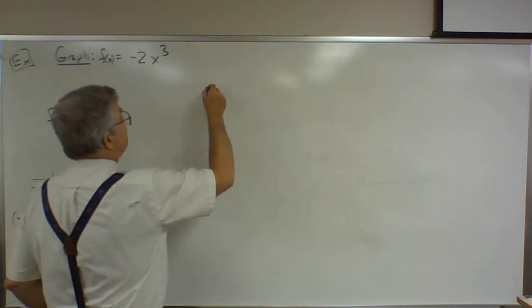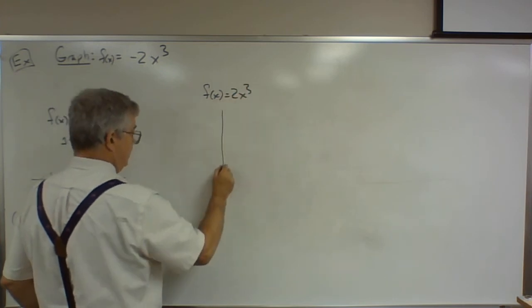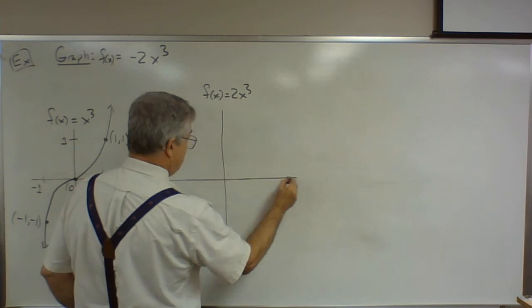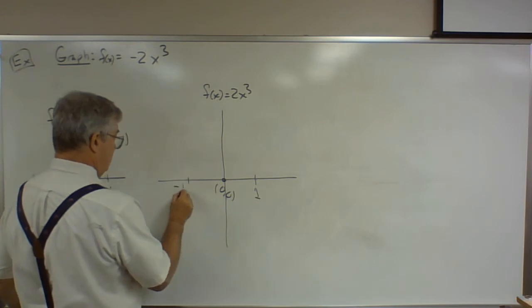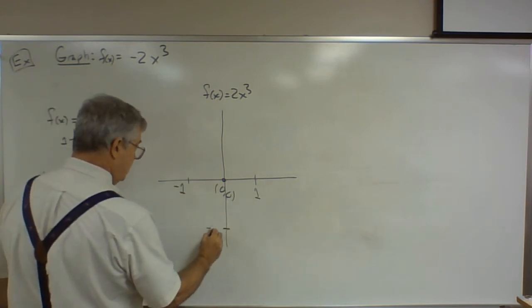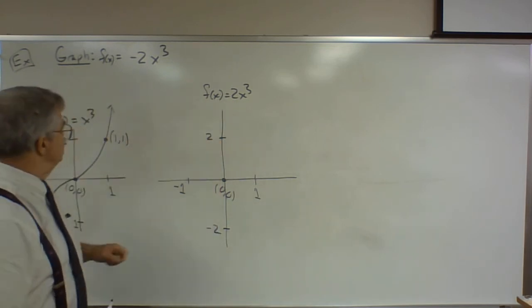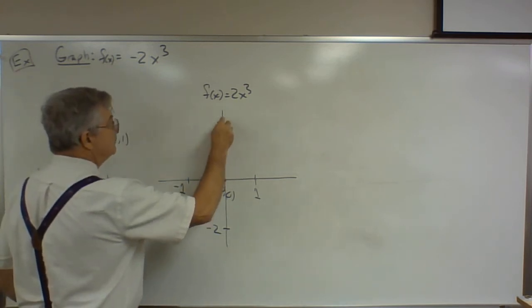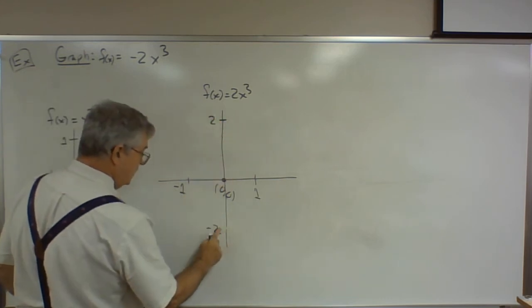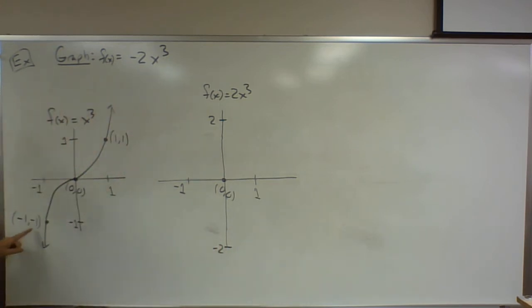Next, I'm going to draw the graph of f of x equals 2x cubed. And multiplying by 2 just stretches the original graph out vertically. Maybe I should make this a little bit more pronounced. We have a y-coordinate of -1 here.